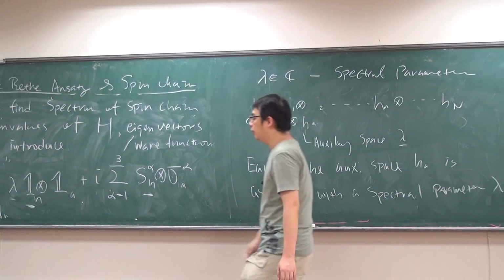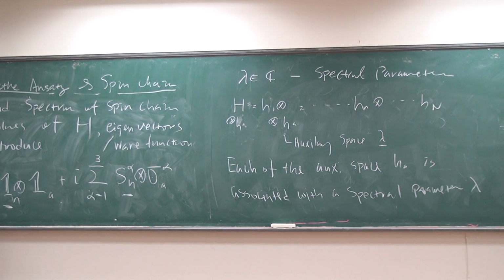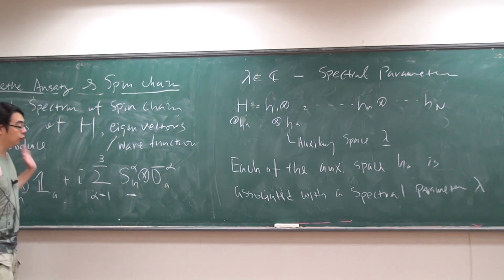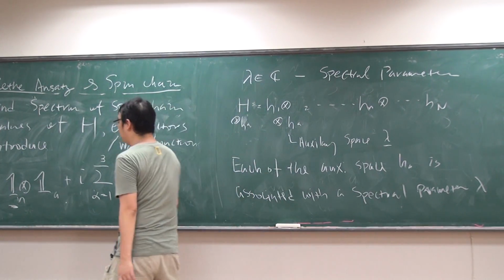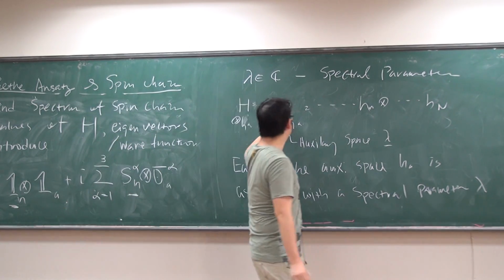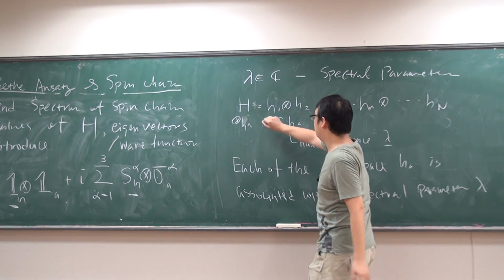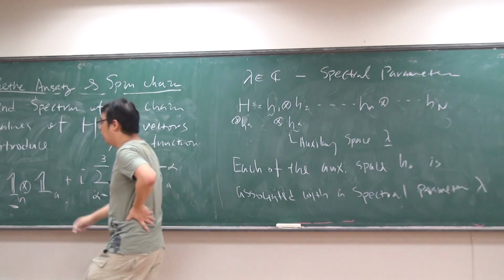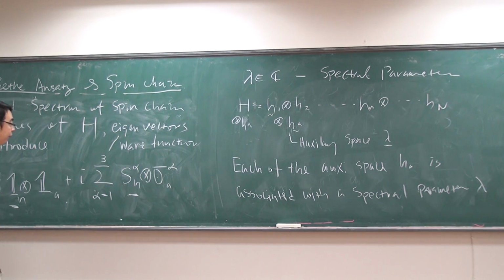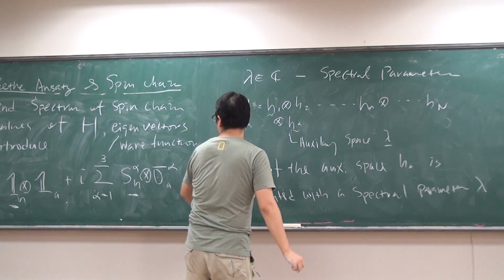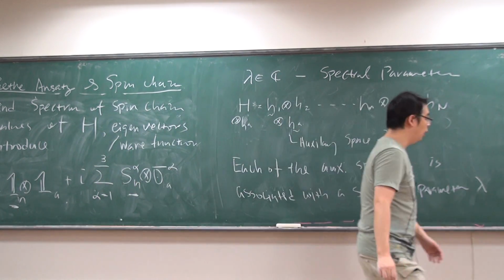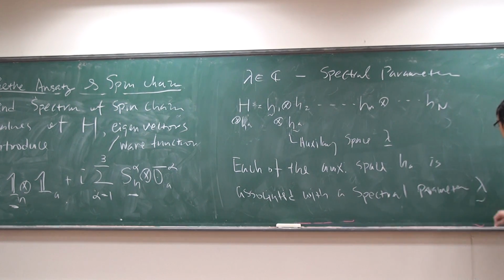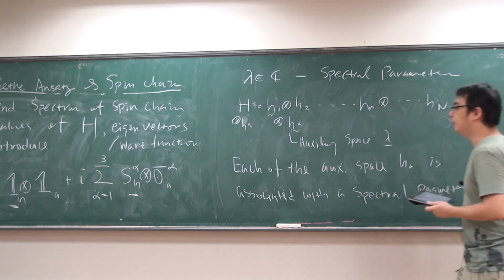Okay. So, right now you can just view this as some, in our case, 4-dimensional operators, but instead of acting on those lattice sites, now it acts on another kind of additional Hilbert space. And for each of those Hilbert spaces, HA, we can associate a complex parameter, lambda. But this turns out to be an extremely useful way to think about solving this problem.